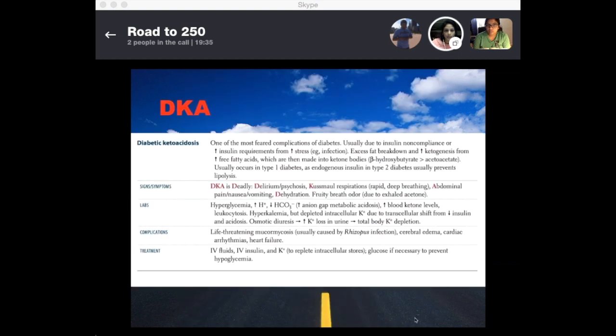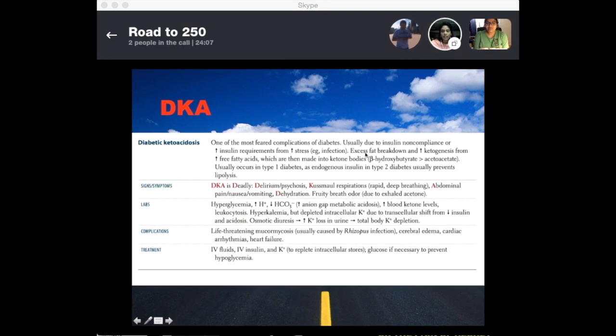So to go back here, as it says, DKA is usually due to insulin non-compliance or increased insulin requirements. Like I said, there's an excess fat breakdown and increased ketogenesis from increased free fatty acids, which are then made into ketone bodies.